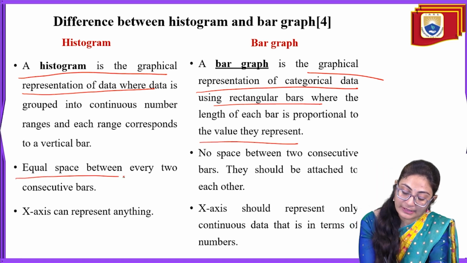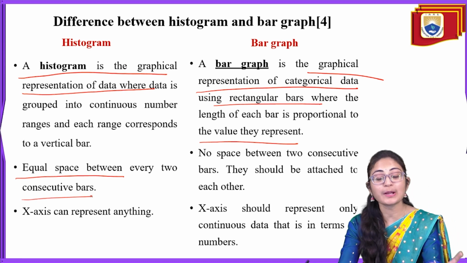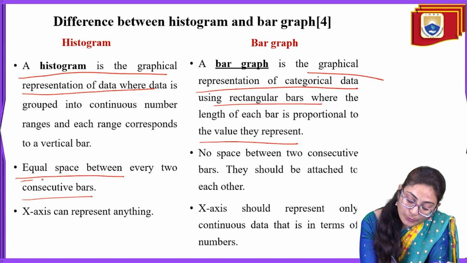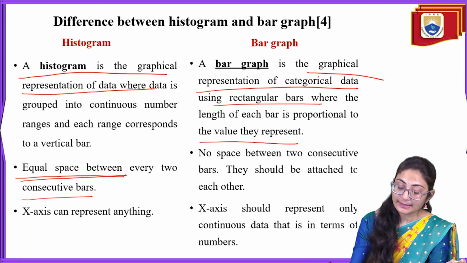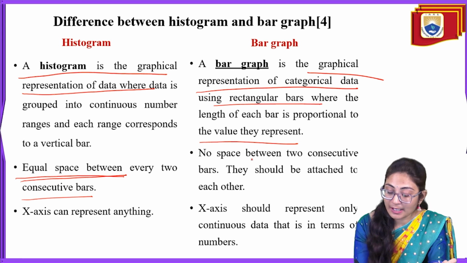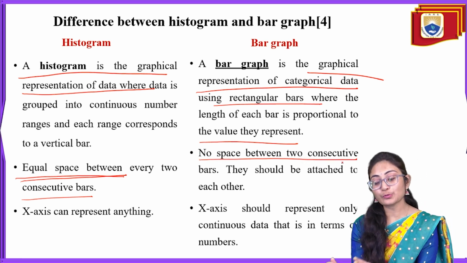If you are using the histogram, then there should be equal space between every two consecutive bars. And if you are using the bar graph, then no space between two consecutive bars, they should be attached to each other.